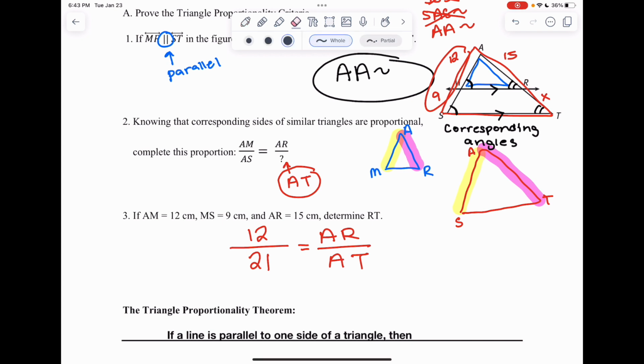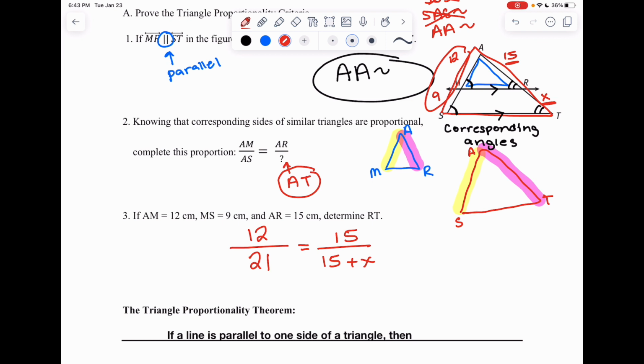AR I know is 15. And similar to how we had to add 12 plus 9 to find AS, I need to add 15 and X to find AT. And what that will look like, since we don't know what X is, 15 plus X.